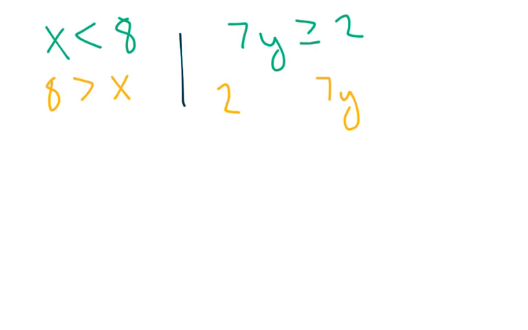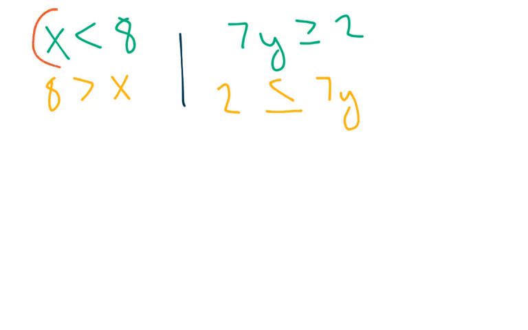So the 2 was with the little side of the symbol. The arrow was pointing to the 2 because the 2 is less. So I have to do 2 is less. Make sure that that side of the symbol is still pointing towards the 2. And this does not change the way that you graph it. It just changes the way that you read it.